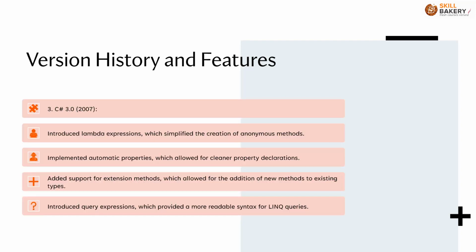In C# 3.0, lambda expressions were introduced, which simplified the creation of anonymous methods. It also implemented automatic properties, which allowed for cleaner property declarations, added support for extension methods, which allowed for the addition of new methods to existing types. It also introduced query expressions, which provided a more readable syntax for LINQ queries.